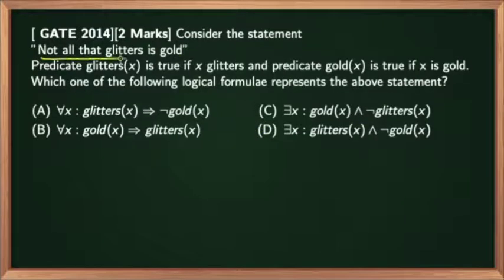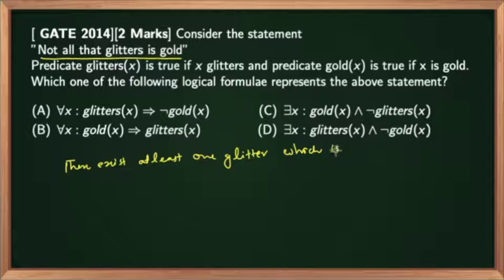Not all that glitters is gold. Here you should not take the literal meaning of this. You should take the poetic meaning of this statement. The statement says, "Not all that glitters is gold." That means there exists at least one glitter which is not gold.